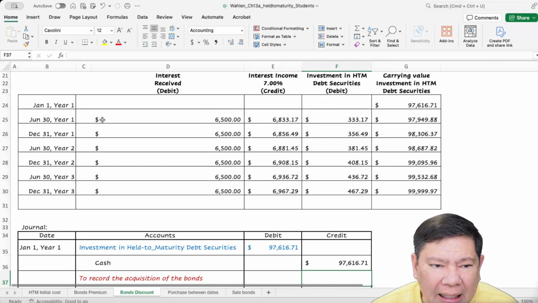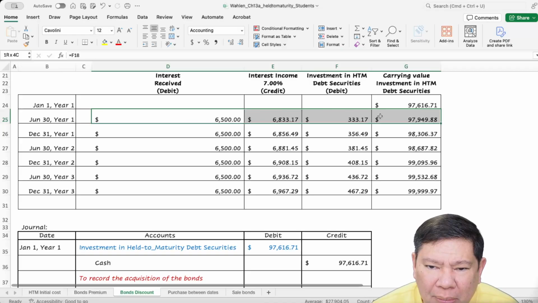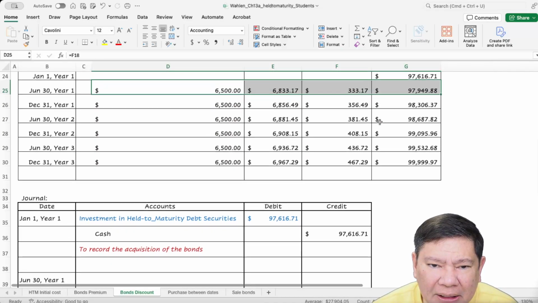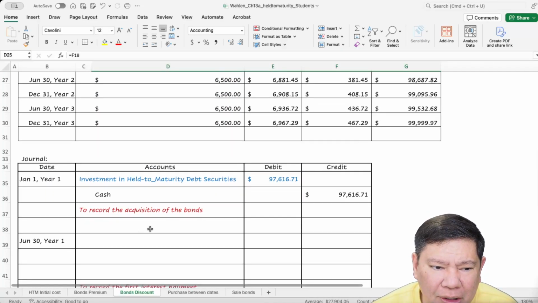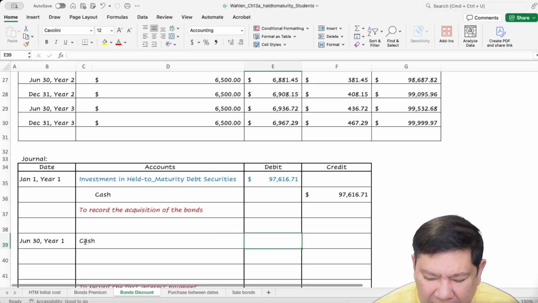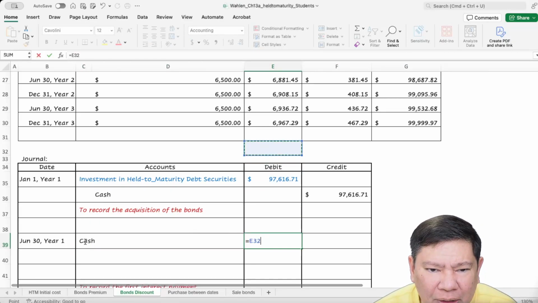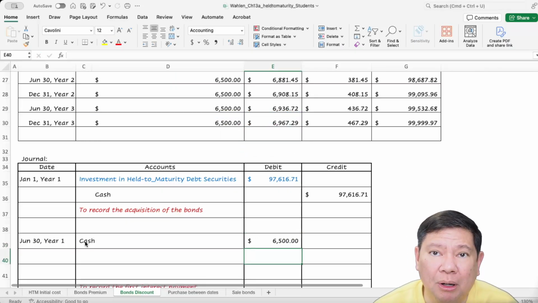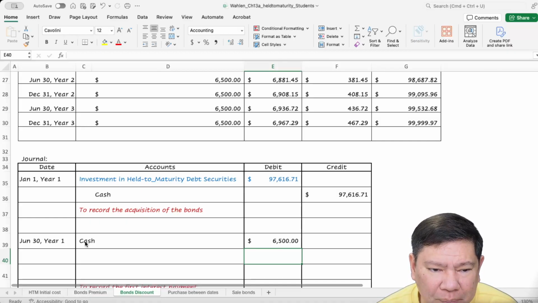Okay, and then we're going to use this information for the first interest payment. We're going to get cash. The cash will always be 6,500 because that's the promise. That's the coupon rate times the face value.